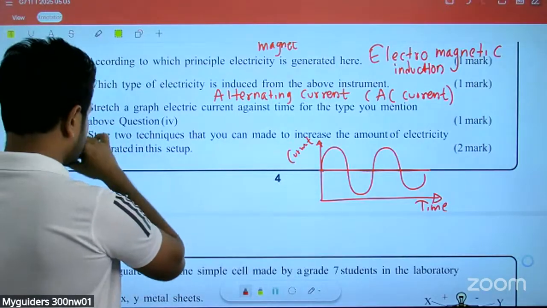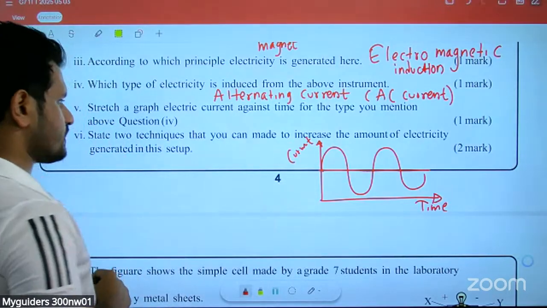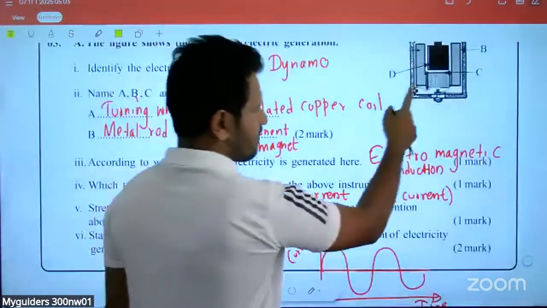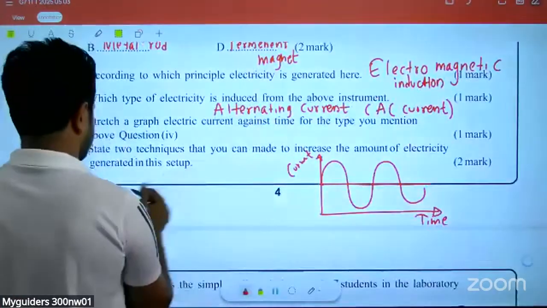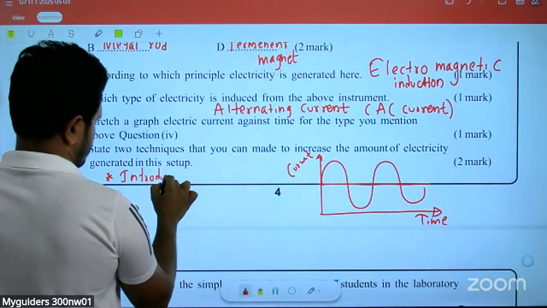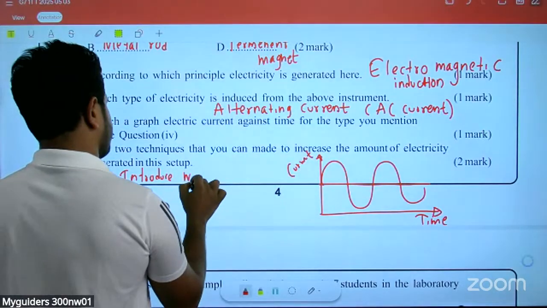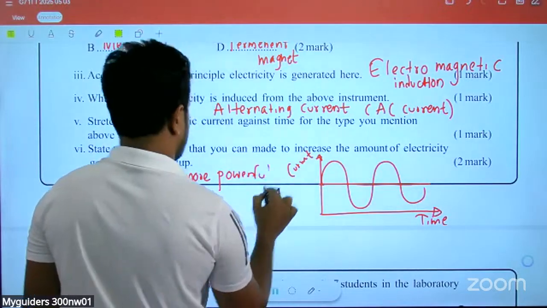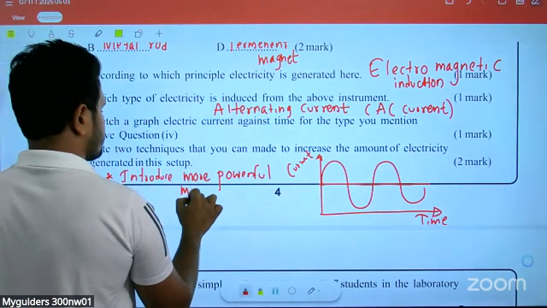Last one. State two techniques that you can use to increase the amount of electricity. One is to introduce a more powerful magnet.